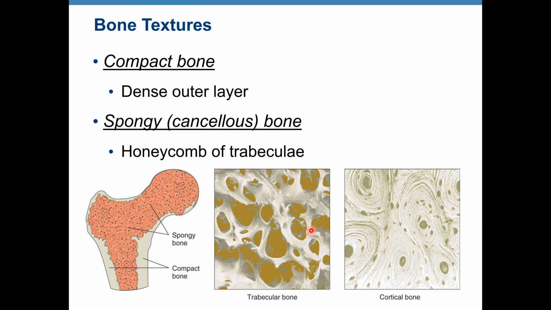So if you look at this picture here, you can see this is how trabecular bone looks. And this part of the bone called trabecula has a lot of cavities, and this is where red bone marrow is found. And this is cortical or compact bone, and it has these distinct units called osteons.